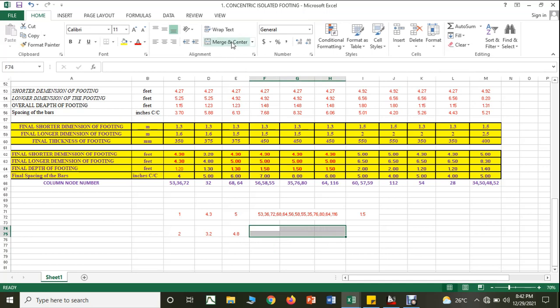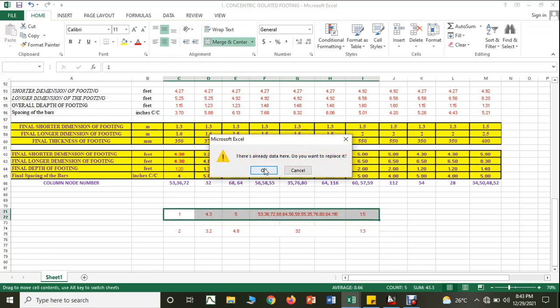Then for this one, our column number will be 32, and the thickness will be 1.30, okay. So this is my second set.